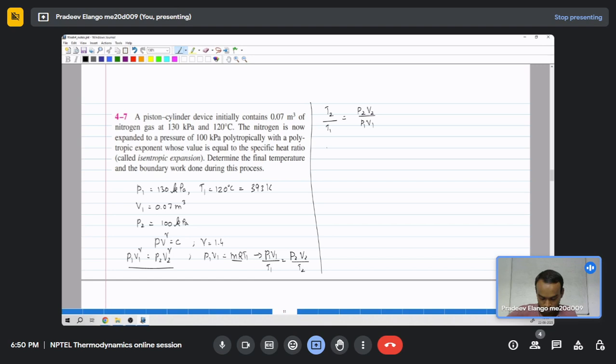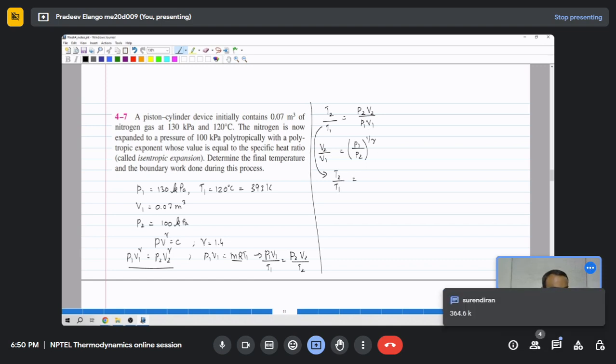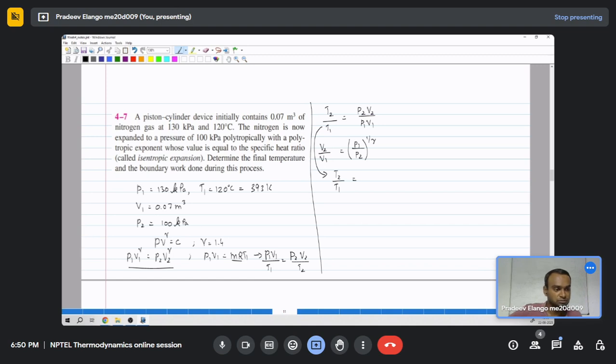Using this expression I can write V2 by V1 is equal to (P1 by P2) power 1 by gamma. Now substituting in this equation, T2 by T1 is equal to... T2 is 364.6 Kelvin. Okay, let's find it.